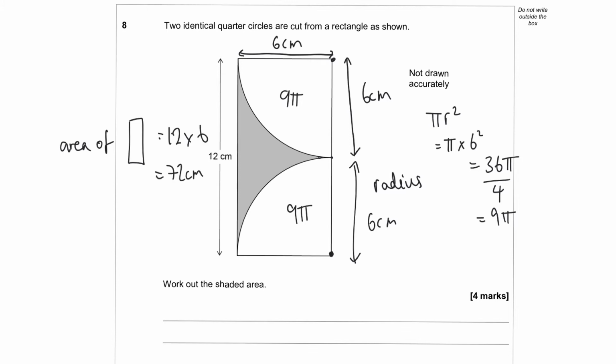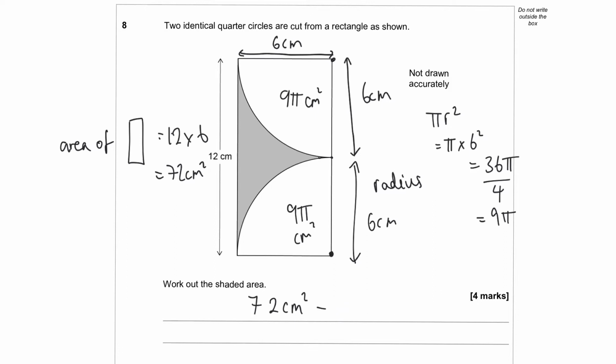In order to work out the area of the shaded region, it would be the 72 centimeters squared minus the 9 pi and minus the 9 pi centimeters squared. But because they're both 9 pi, you can add them together to make 18 pi.